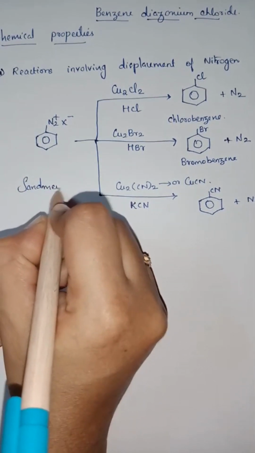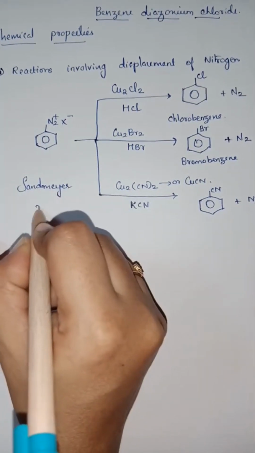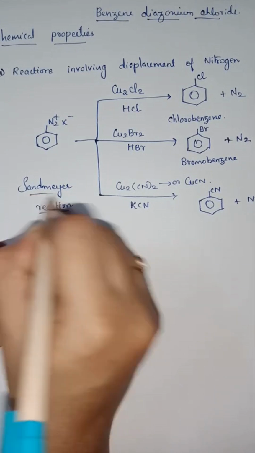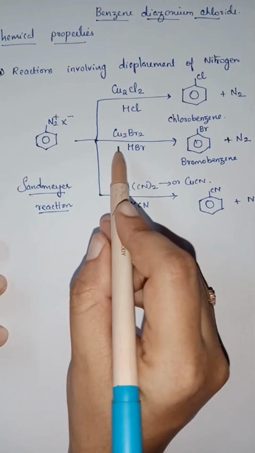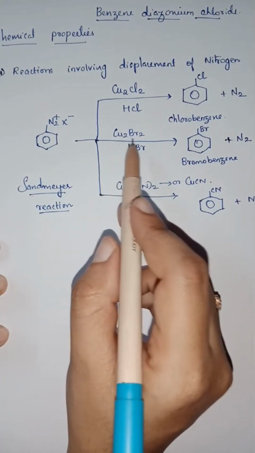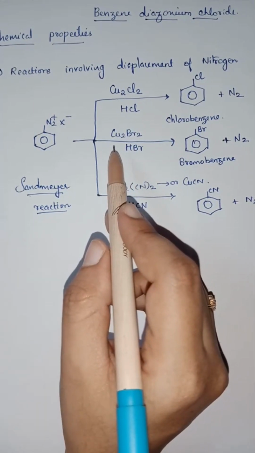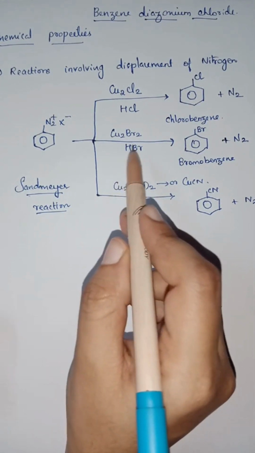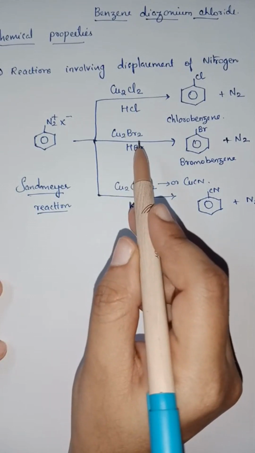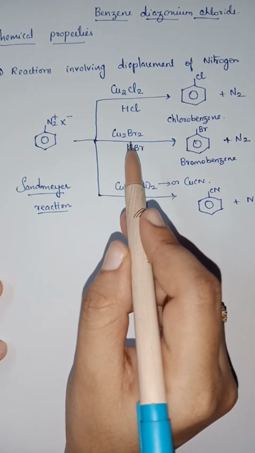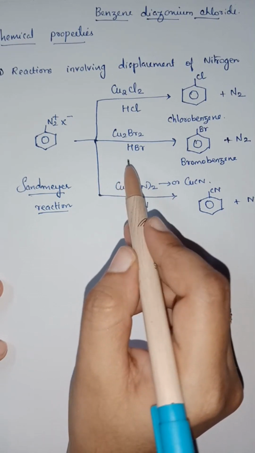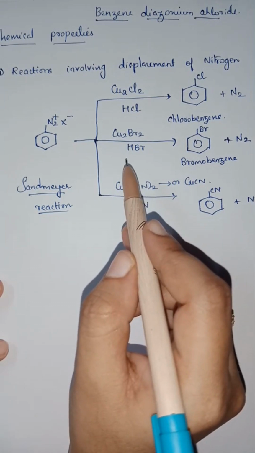You have studied this in haloarenes preparation as well. In Sandmeyer's reaction, the main reagent is copper +1 kind of salts. Instead of using a copper based reagent, if I am using copper powder along with the halogen acid, that is called a Gattermann reaction.